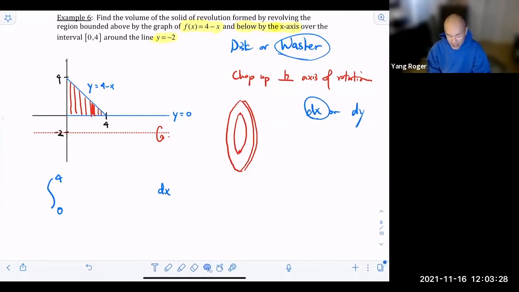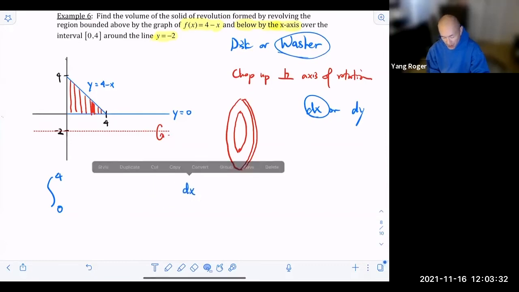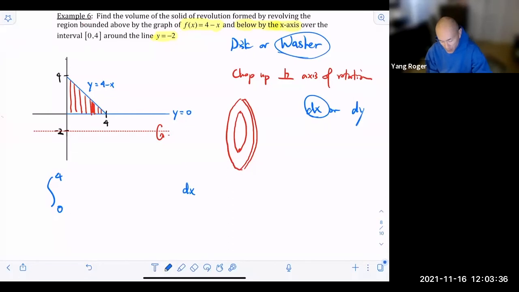So what I need you guys to figure out is what R big and R small are. If we go from the middle, say this is the middle, from here to here, that's going to be R big.